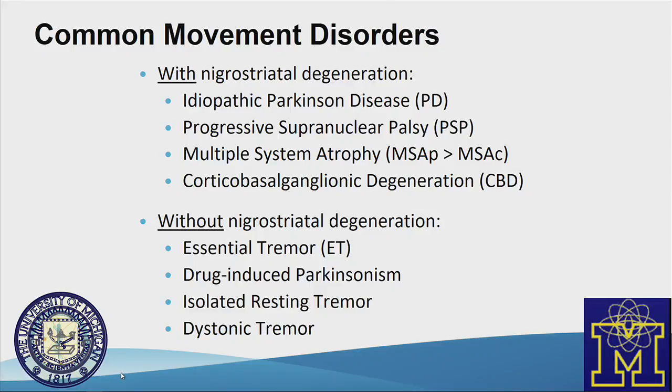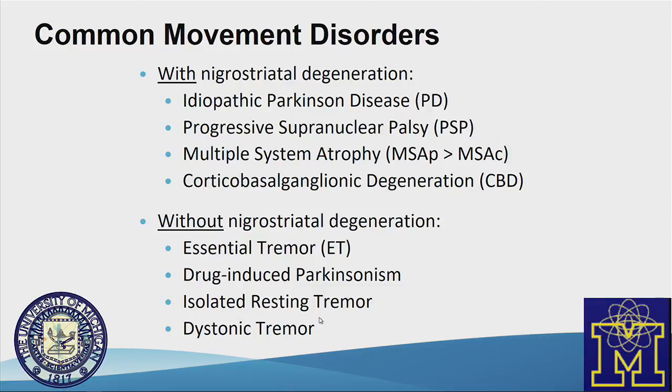On the other hand, if you're seeking to differentiate between these and alternative diagnoses that don't have dopamine neuronal pathology, you can clearly see the intact projections in patients with essential tremor. Sometimes useful, those with drug-induced Parkinsonism as opposed to Parkinson disease.